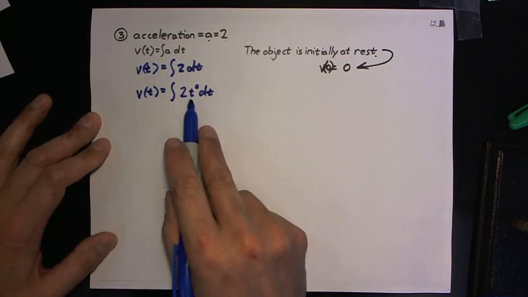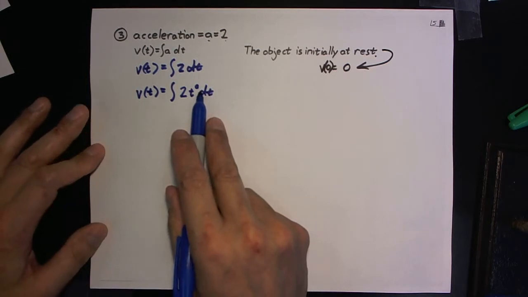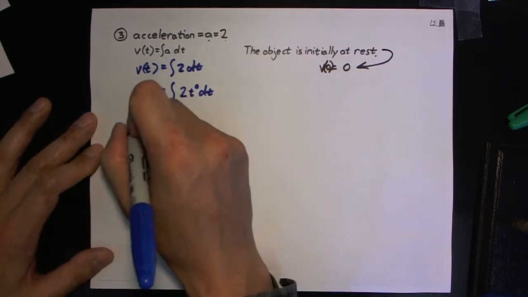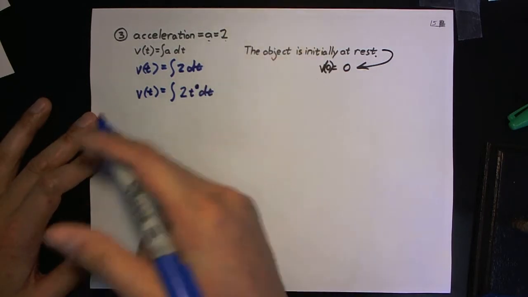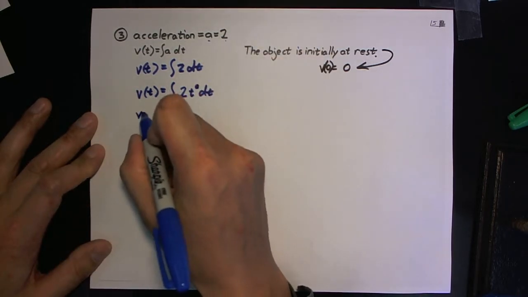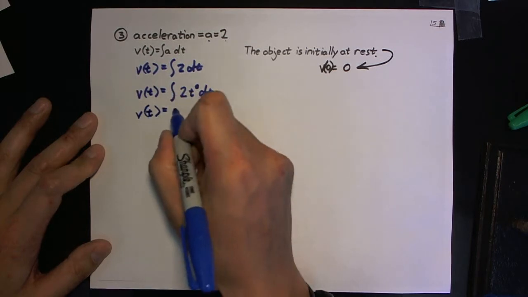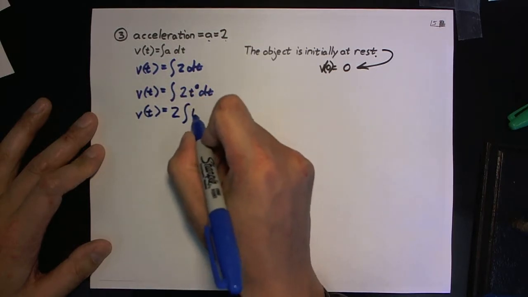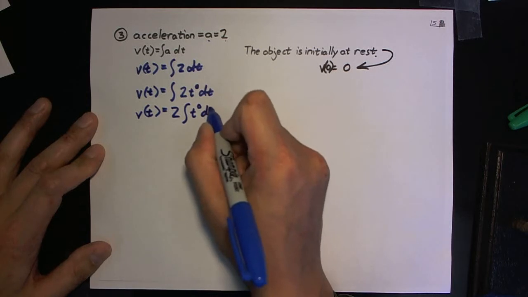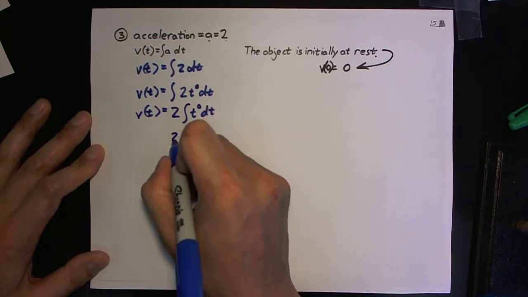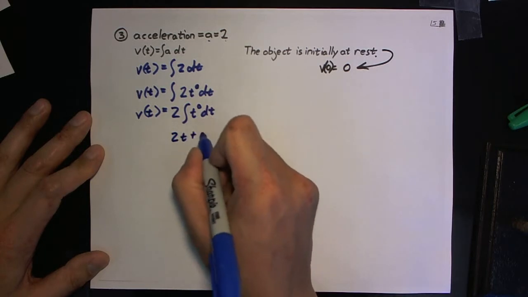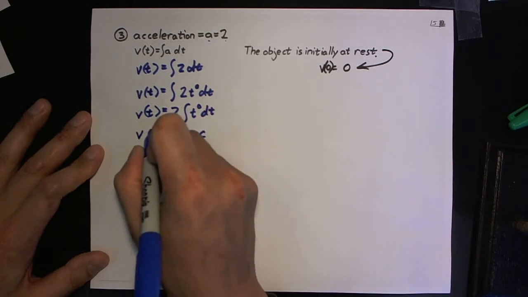If you need to substitute in the t to the 0, that's fine. If not, don't worry about it. If you're sufficiently quick at this that you can avoid doing that, then go ahead and save yourself some time. Integral of t to the 0 is t to the first power over 1, so this is going to be that.